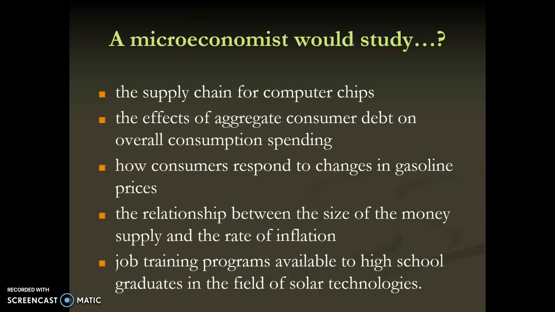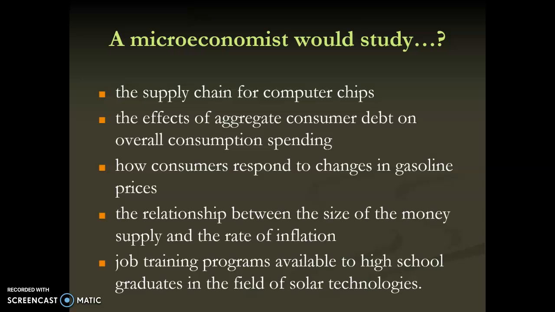So the first one, the supply chain for computer chips, that's microeconomics because it's really specific to the computer chip industry. The effects of aggregate consumer debt on overall consumption spending, the word aggregate, the word overall, that's telling us it's really a macroeconomic topic.